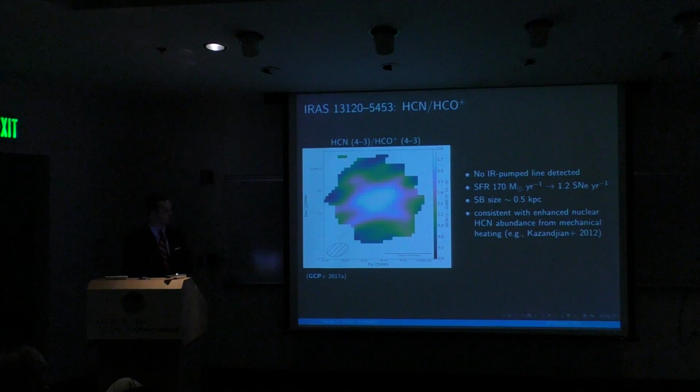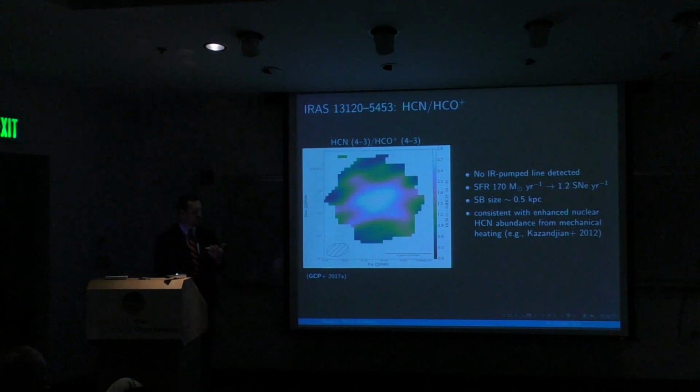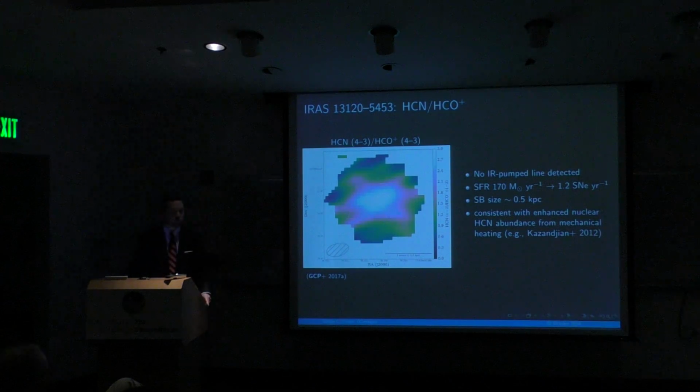And just to remind you that there was no infrared pumping detected, but using the star formation rate, we can predict a supernova rate, which should be about a little more than 1 supernova per year inside that central 500 parsecs. And then if you work out what you expect for mechanical energy input from the supernovae at that rate, this enhancement in the center is basically consistent with enhanced chemical abundance from that conversion of HNC molecules into HCN molecules.